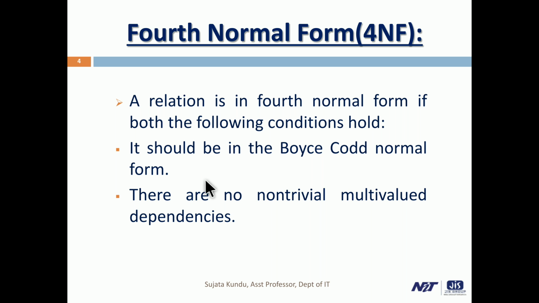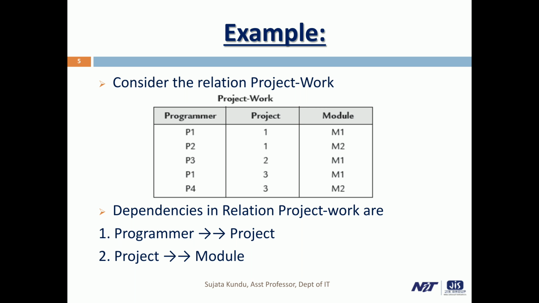If these two conditions are satisfied for a relation, then we can say that the relation is in 4NF. To explain this concept, let's take a look at an example.